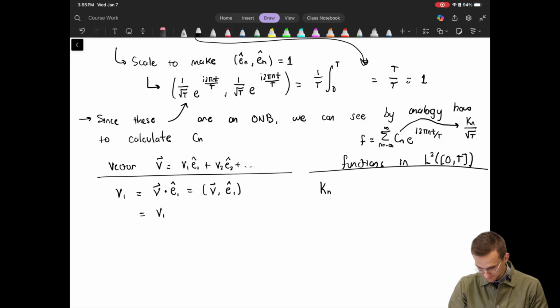Okay? This extra layer of arbitrary scaling is just to make this orthonormal basis reasoning work.